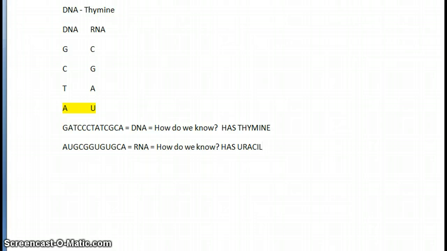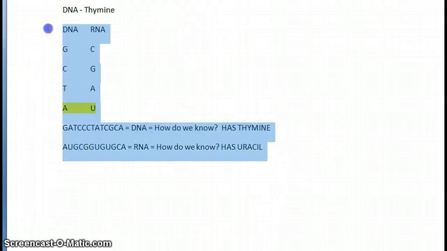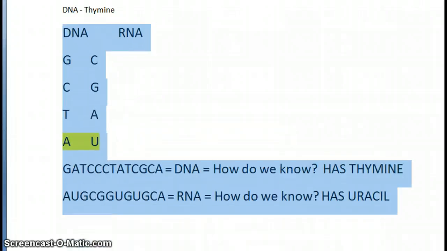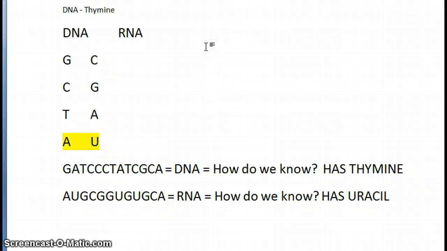I'm going to give you a random piece of DNA code. I'll make this a little bigger so that we can see it. So DNA, I'm going to give you the code. It can't have a U because it's DNA, so it is GTCAAGACCT.